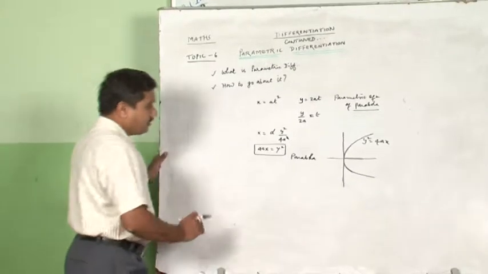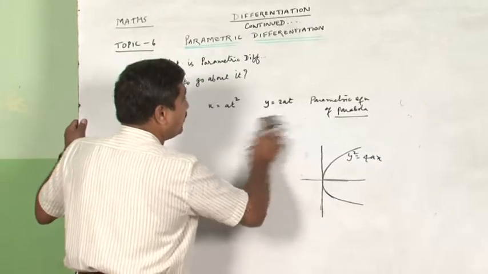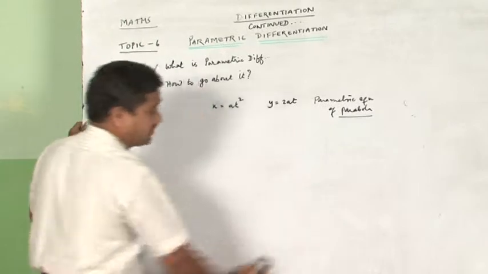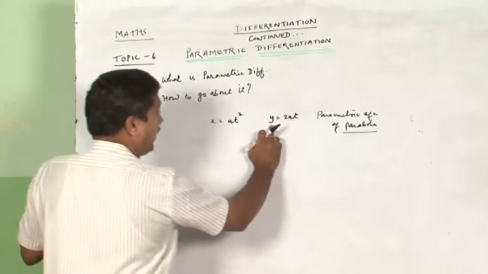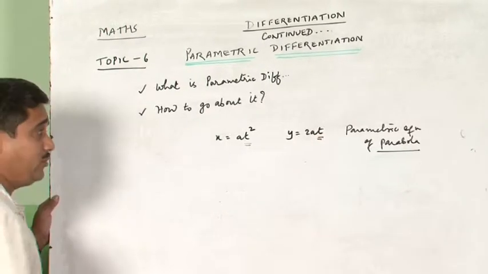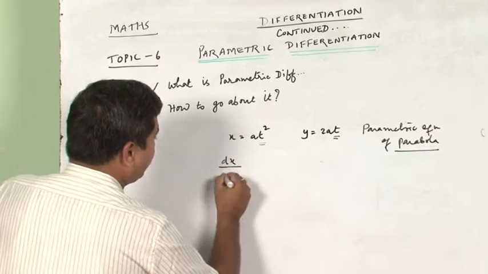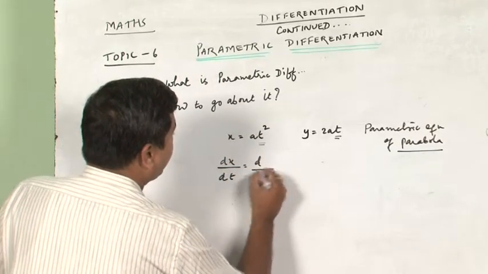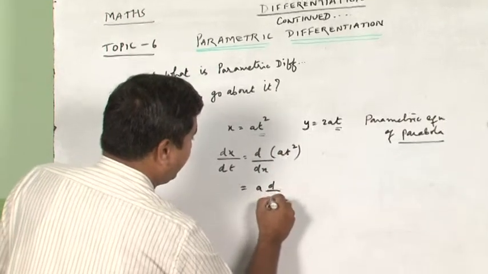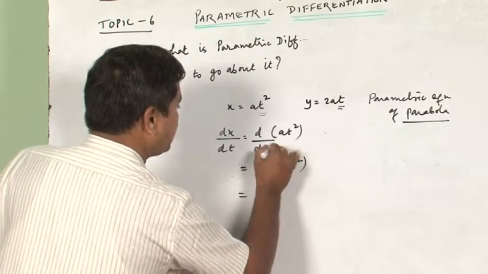Well, now, after having understood that it is a parabola, I shall explain what exactly the differentiation is going to be and how you have to go about it. Since x and y are defined in the parameter called t, you have to differentiate in that parameter itself. So, you differentiate with respect to t: d by dt of at square, that is a d by dt of t square, I am extremely sorry, it is d by dt.